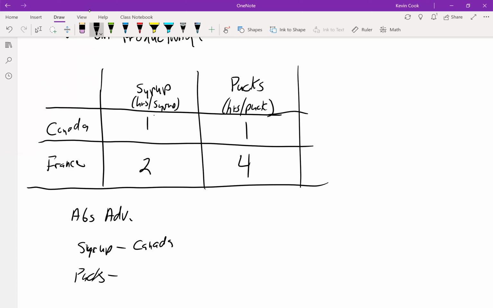So similarly, Canada will have the absolute advantage in pucks. So we have that issue again. It's not necessarily as straightforward as the other one, because now we don't have these different absolute advantages, so we have to actually do the math, figure out what's going on.